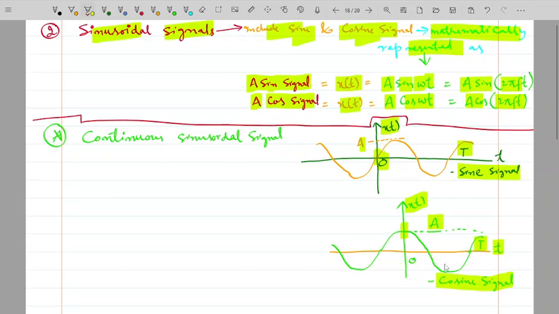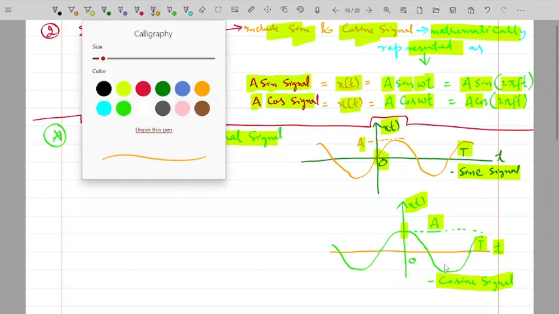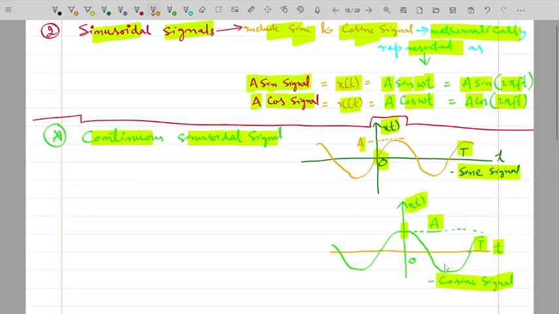This is the mathematical representation of these sinusoidal signals. The first is the continuous sinusoidal signal. This signal is represented as a continuous wave, and x of t is the continuous signal, and the above equations are for the continuous signal.